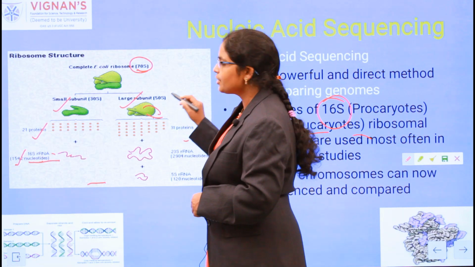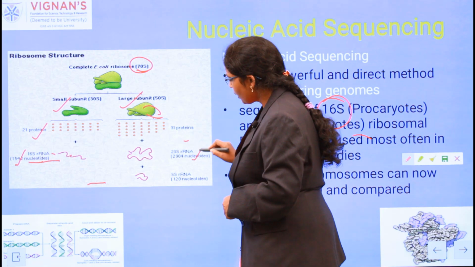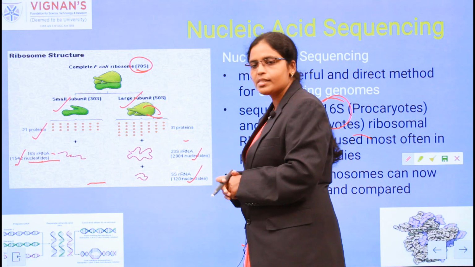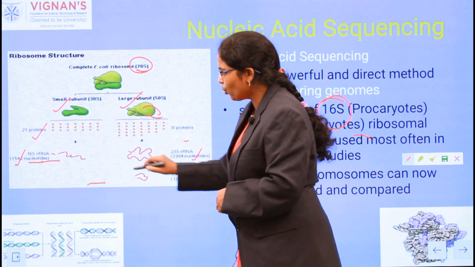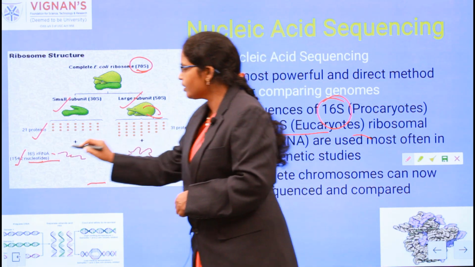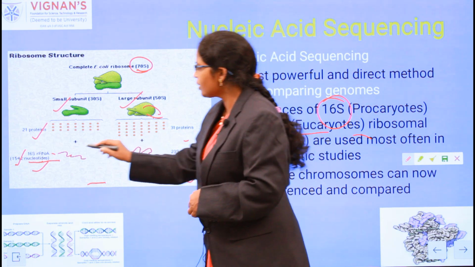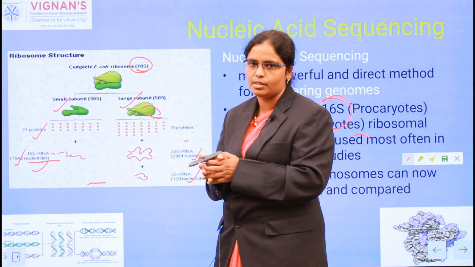And if you see the larger subunit, that is 50S, and it is made up of two subunits. One is the 23S rRNA and another one is the 5S rRNA. If you see these three units, this 16S rRNA is used. Why? Because this 16S rRNA genetic material consists of conserved regions.